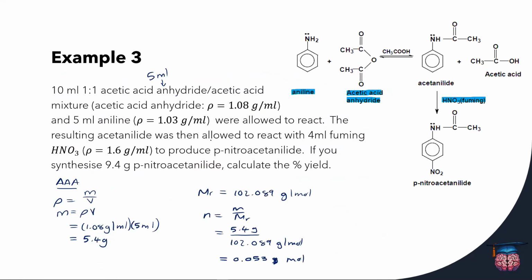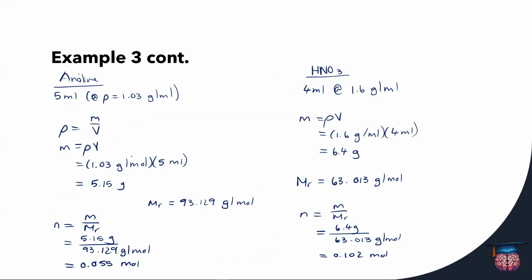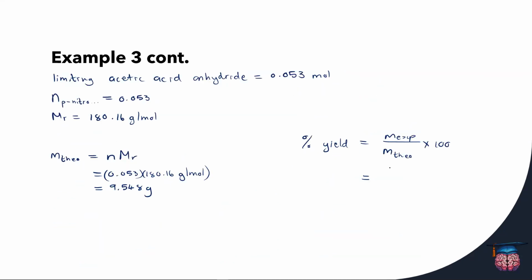Now we must just go and see, we produced 9.4 grams of the product, 9.4 grams, divided by 9.548 grams times 100. And this gives us a percentage yield of 98.45%. So see, following these steps, we can easily calculate the percentage yield.